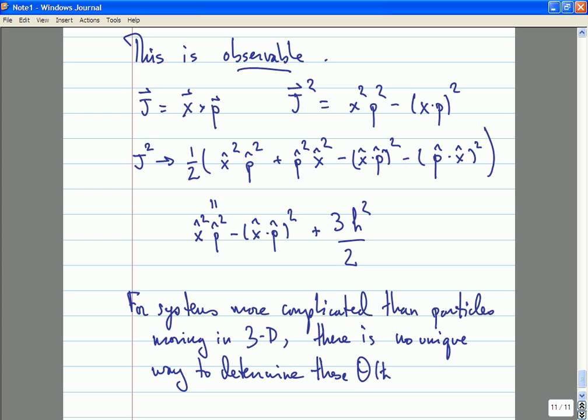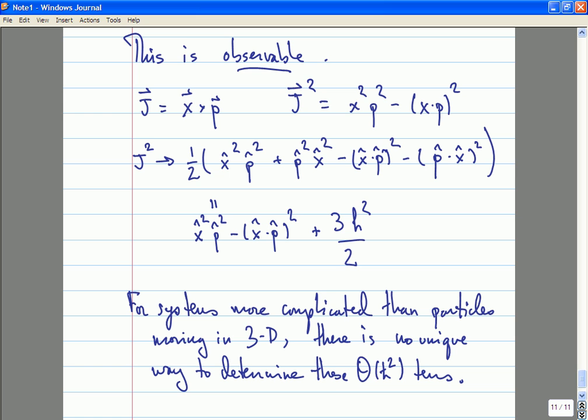So in order to have a unique way of determining them, you just need to have some additional input when you define your quantum theory. And in fact, there's a mathematical characterization of which classical theories do have a unique quantization and which ones do not. That's not something that I think would be appropriate to discuss in this class, but it's a very interesting and important area of physics.